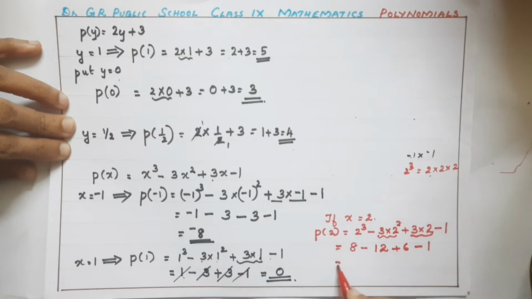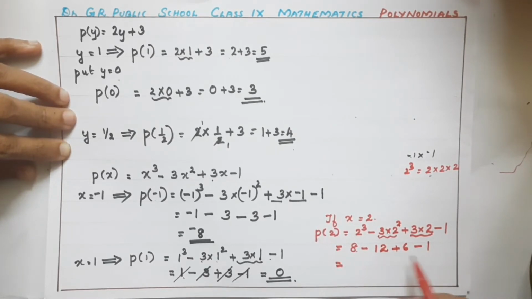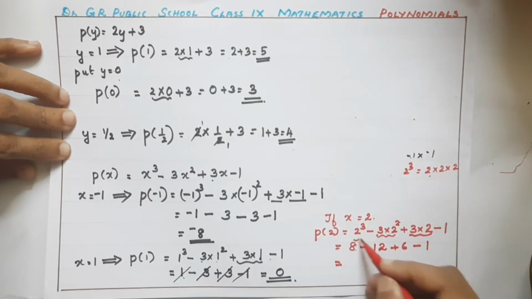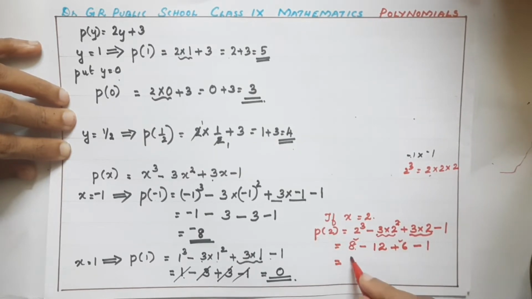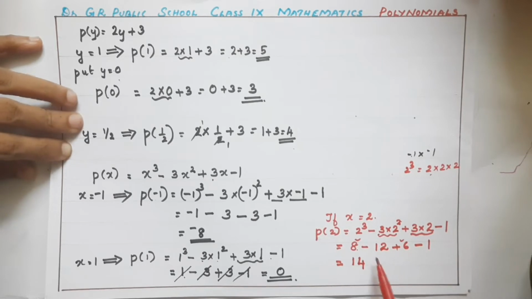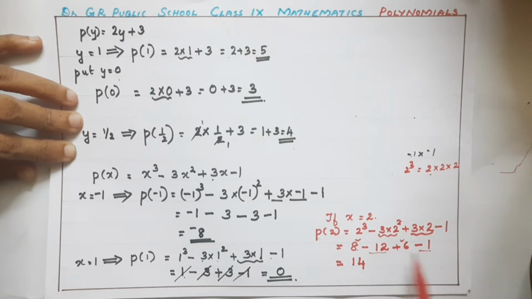So what is it? Positive numbers we can add and negative numbers also we can add. So 8 plus 6, 14 plus 14. Then minus 12 minus 1. Same integers of same sign we have to add.